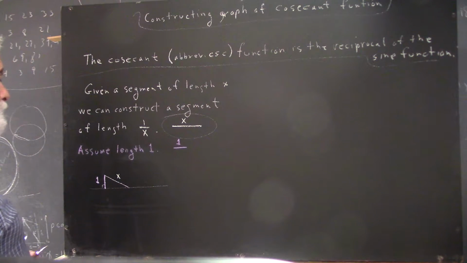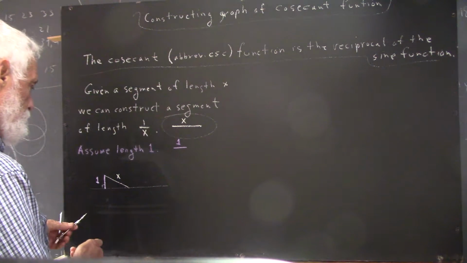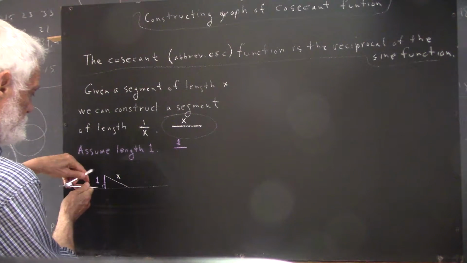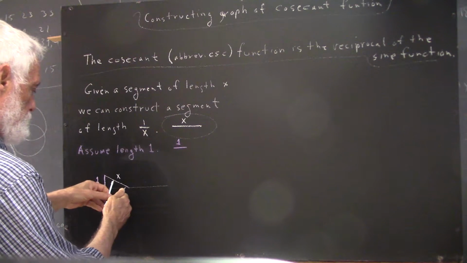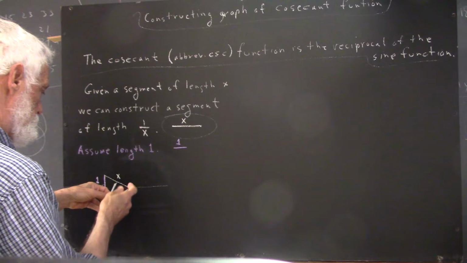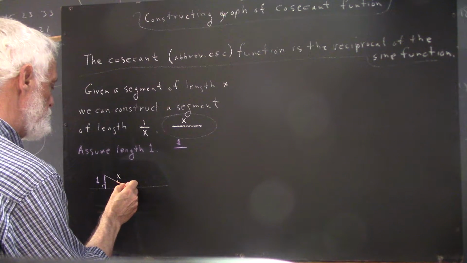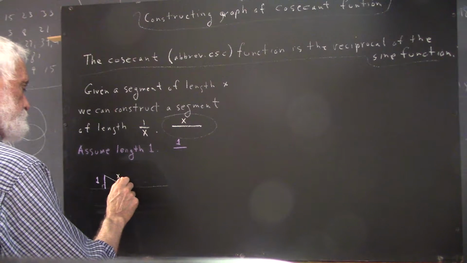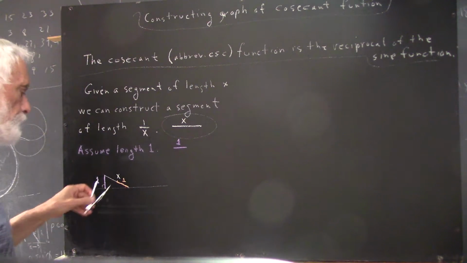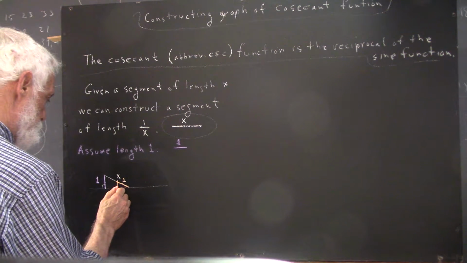So what I want to do now is construct a segment here of length 1. Okay, so this is a segment of length 1, and then I can easily enough construct a perpendicular down to here.